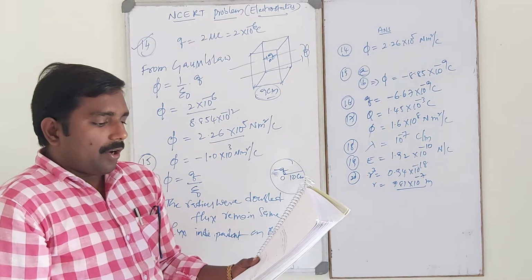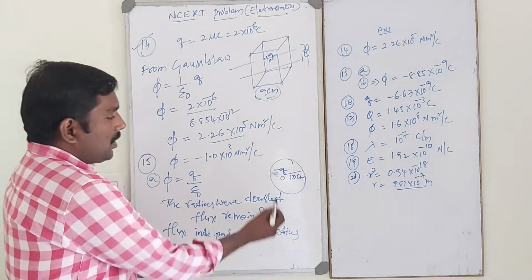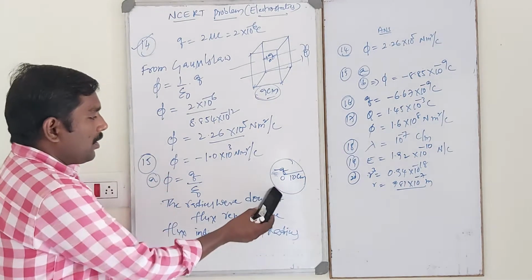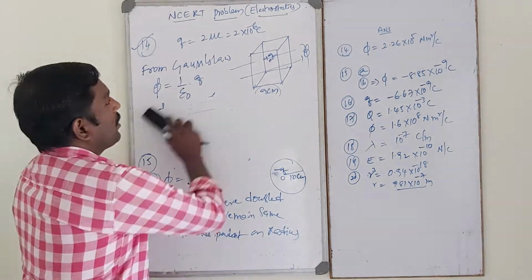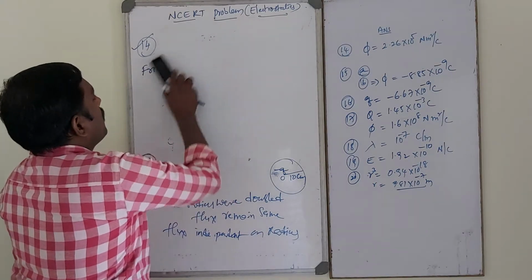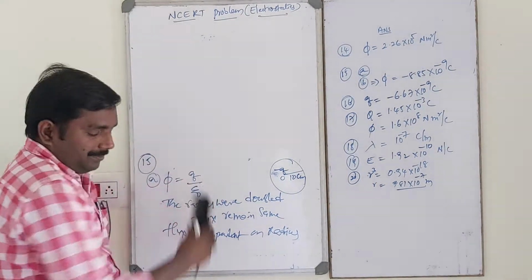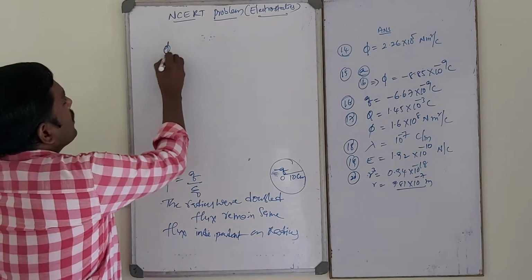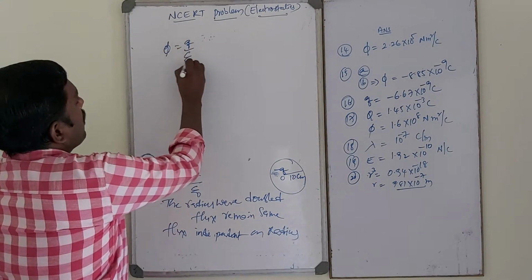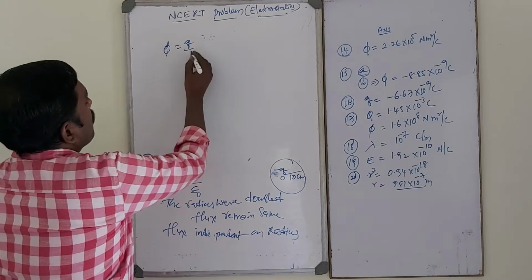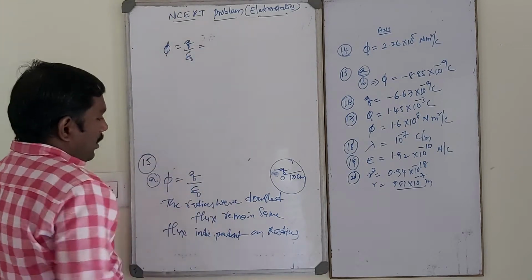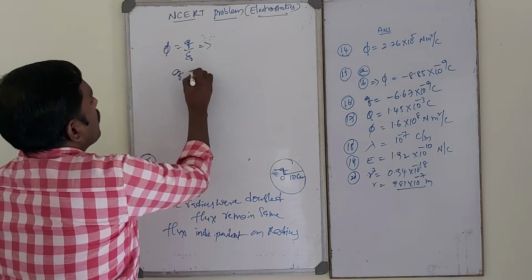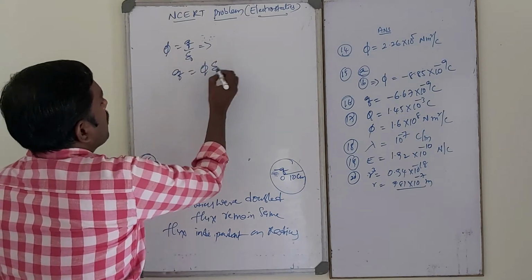What is the value of the point charge? So dear students, we calculate the charge. Using Gauss theorem, flux phi is equal to q by epsilon naught.